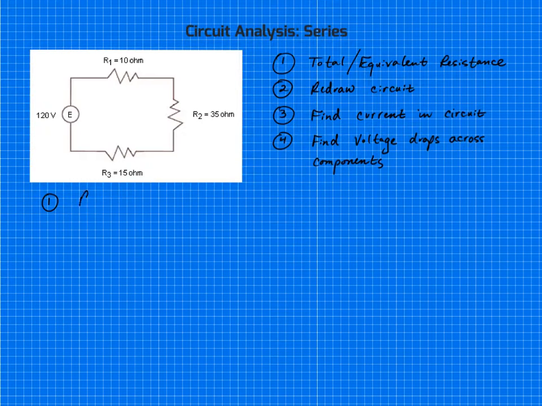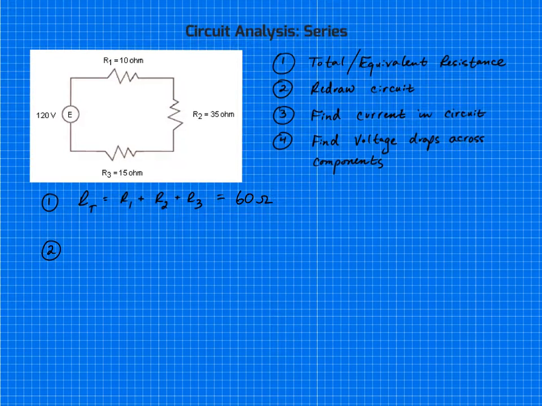So my RT is going to equal R1 plus R2 plus R3. All right, and if I did my math right here, if we add those up, we should get 60 ohms of resistance.